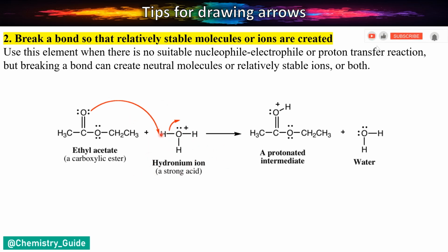When this attack takes place, the bond between the hydrogen and oxygen cleaves, generating the stable water molecule, whereas we get the protonated intermediate, which is stable in the acidic medium. So from these tips, it can be clearly understood that the bond breaking is done to generate the stable molecule.